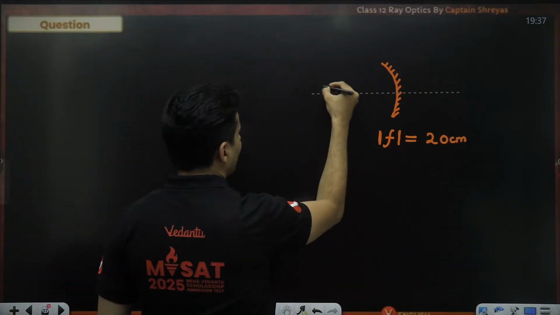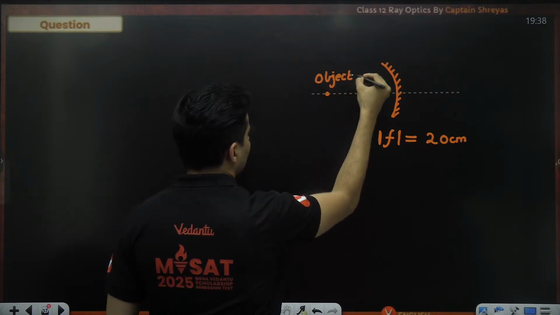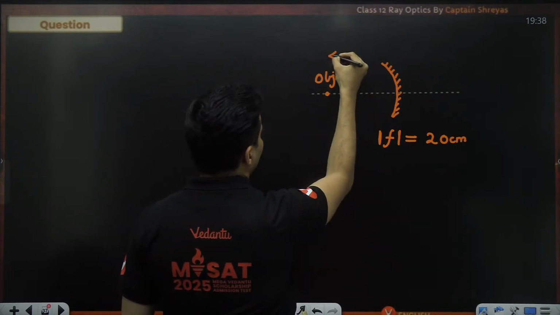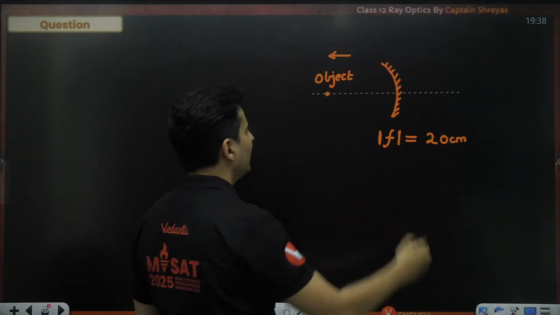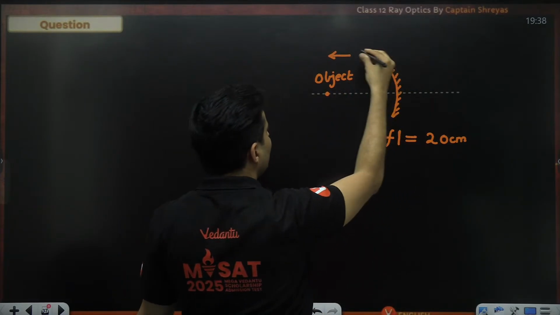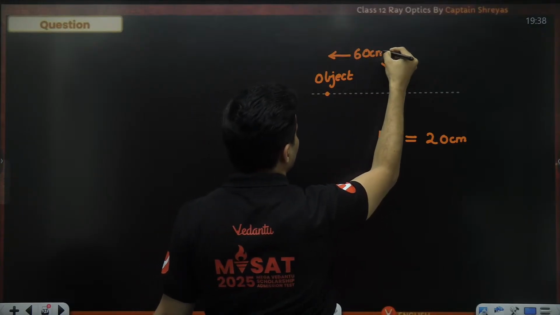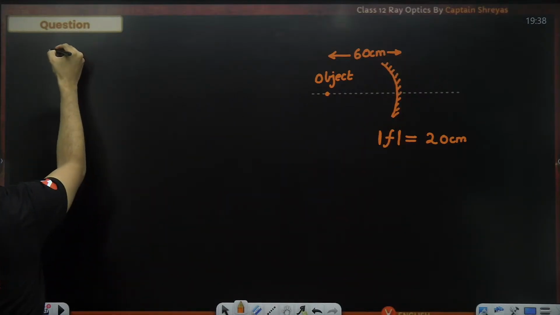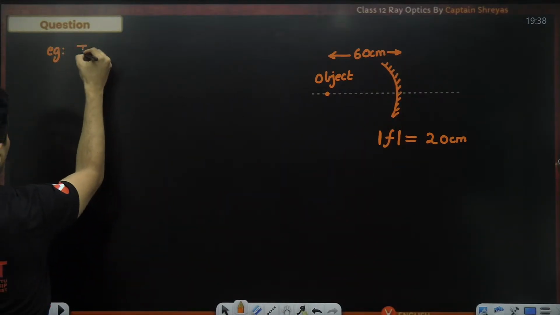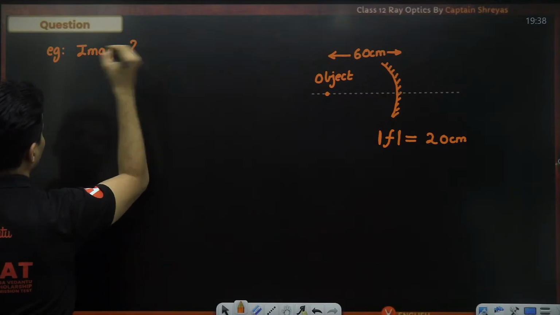Let's say we have an object kept in front of it at a distance of maybe 60 centimeters from the mirror. The question is to find the image and its nature, everything about the image.